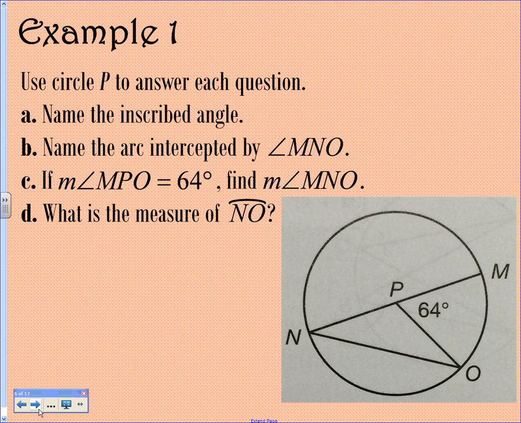What about the arc that is intercepted by angle M-N-O? Is it M-O, like Jamar says? This is your intercepted arc. The arc over here. So this is your inscribed angle, and it intercepts over here. Does that make sense? Okay.